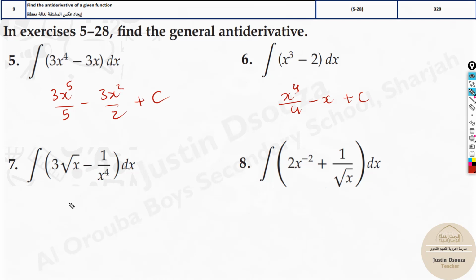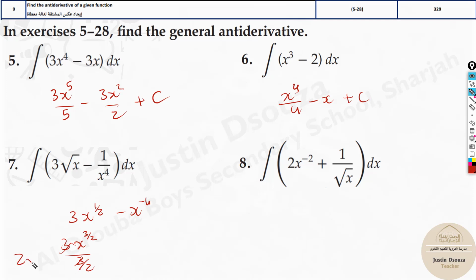But if you have a square root, it's the same concept, only that it will be x to the power half. And over here, we will take this to the top, it will be minus 4. And now use the power rule, it will be 3x^(1/2), and half plus 1 will be 1.5 or 3 by 2, divided by 3 by 2. Now what happens over here is this will remain in the denominator, this will go up.